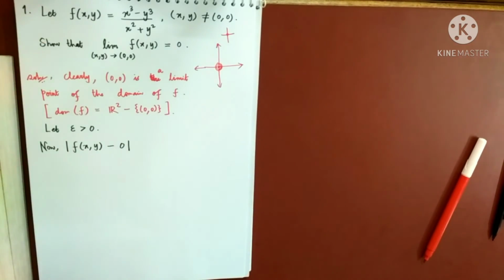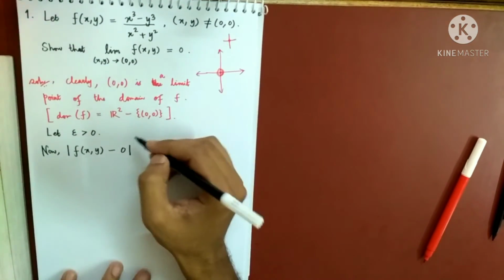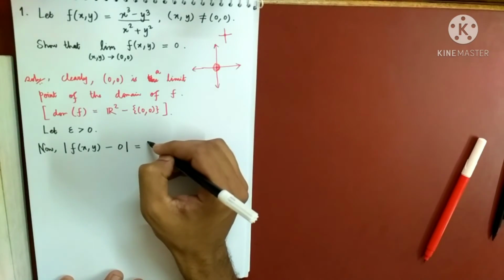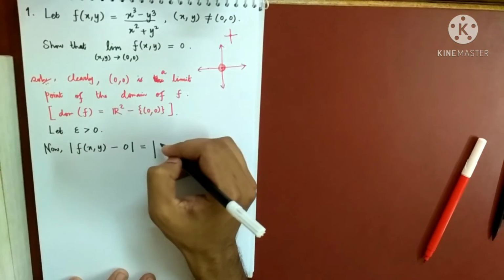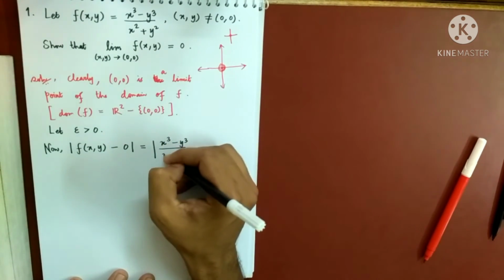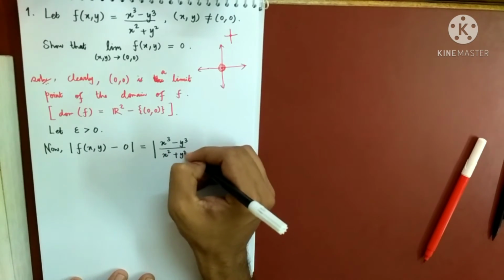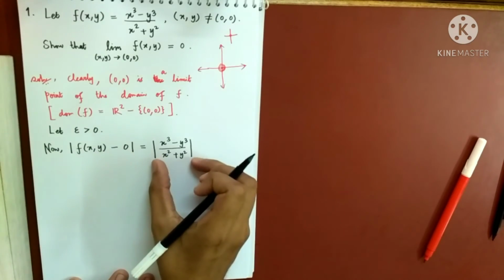You see, modulus of f(x, y) minus L, here L is 0. So what is this simply? This is equal to, what is the value of f(x, y)? f(x, y) is this, so let me put here (x³ minus y³) by (x² plus y²), and minus 0, no need to write. Am I clear?